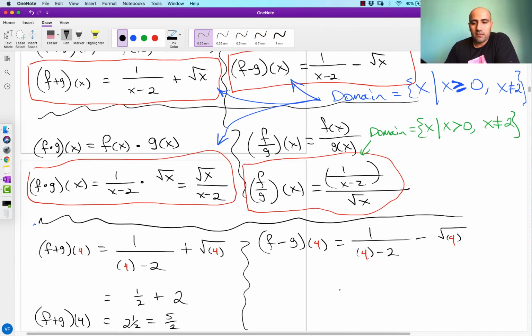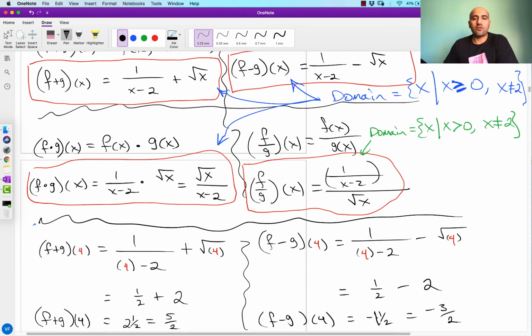Then this is equal to 1/2 minus 2, and 1/2 minus 2 is equal to negative 1.5 as a mixed number, which is equal to negative 3 over 2. So that's f minus g evaluated at 4. Just following along this set of instructions right in here.